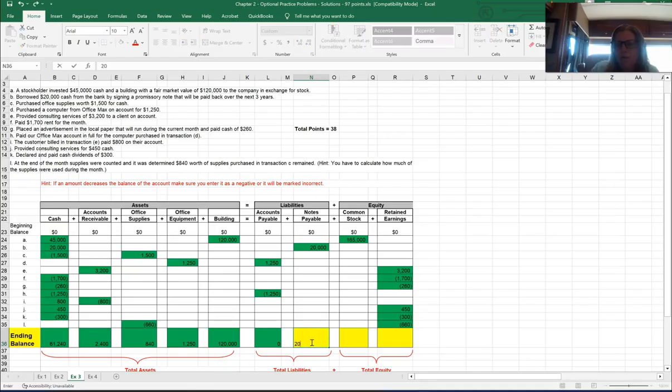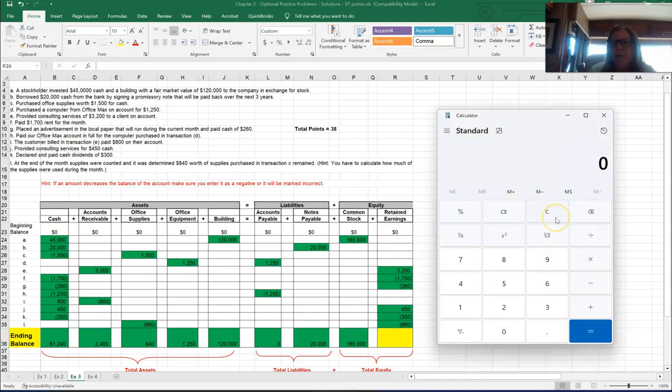We still owe on that note. We borrowed $20,000. The owner still has $165,000 of common stock, and then we have to figure out how much retained earnings we have. How much revenue did we earn, less the expenses that we paid out, less the dividend that we paid out to the owner. $1,700 minus $260 plus $450 minus $300 minus $660.